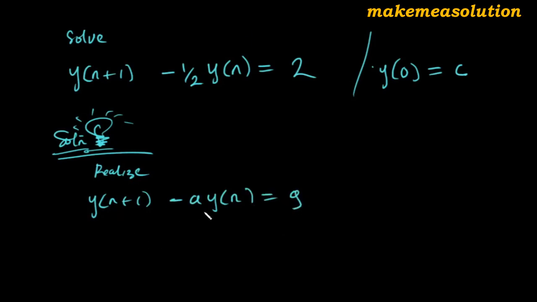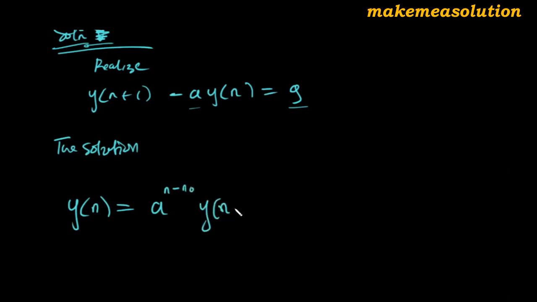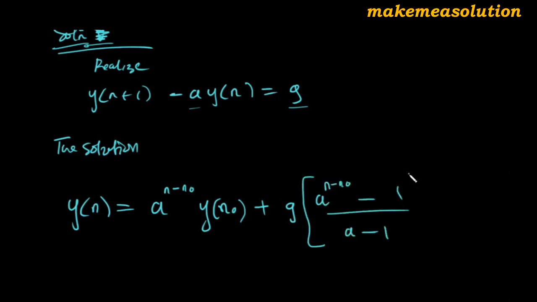Now we established that when our a and g are constants, then the solution will be y of n is equal to a raised to the power of n minus n naught times y of n naught, plus g times the big bracket a to the power of n minus n naught, minus 1, all over a minus 1. Okay, so this is going to be the general solution.